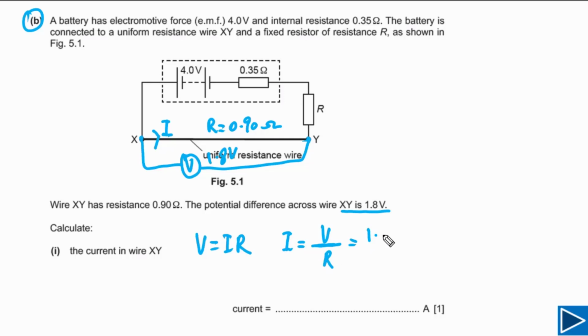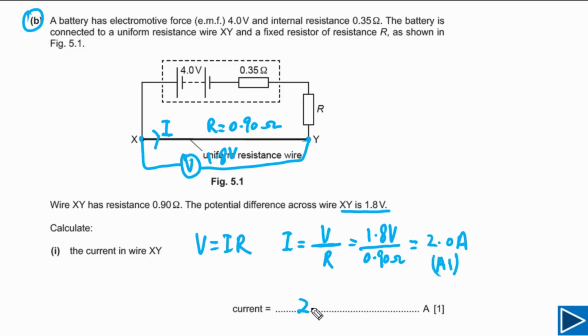The potential difference across the wire is 1.8 volts. We need to divide by the resistance of the wire, that is 0.90 ohms. So our final answer in this case will be 2.0 amps. And this is the final answer. This question has only 1 mark. If you have got the right answer, you will get this 1 mark.